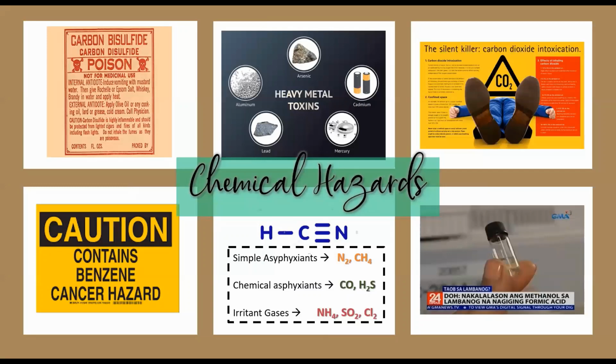Another type of asphyxiant, simple asphyxiants, examples are nitrogen and methane, CH4. Chemical asphyxiants, carbon monoxide. Carbon monoxide is also considered a silent killer, because the patient wouldn't know that poisoning is already happening until suffocation is felt.